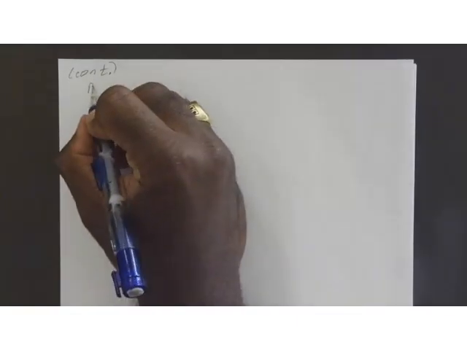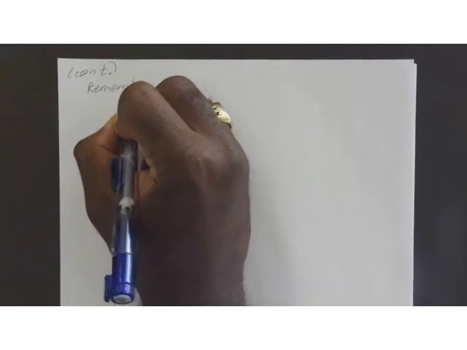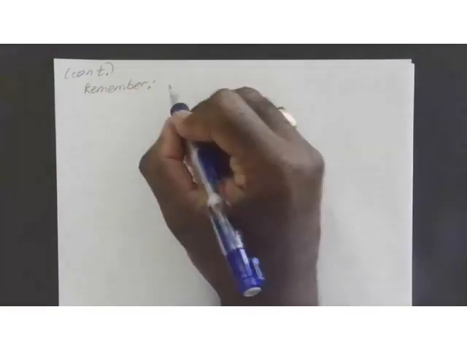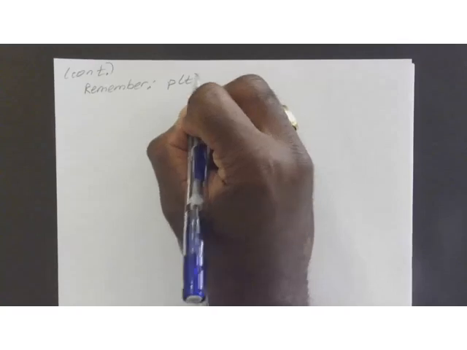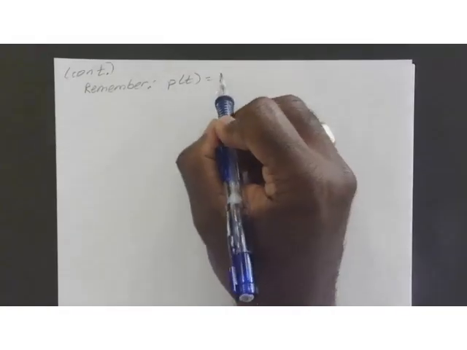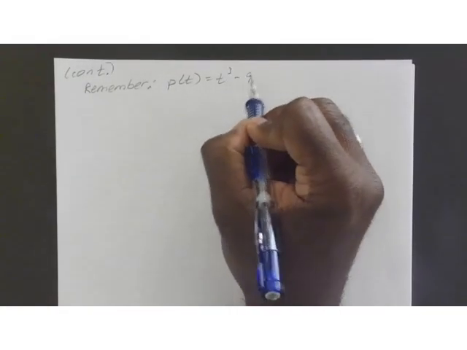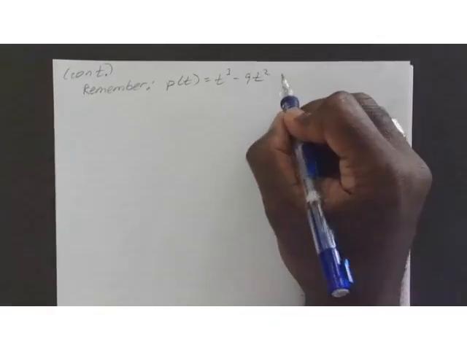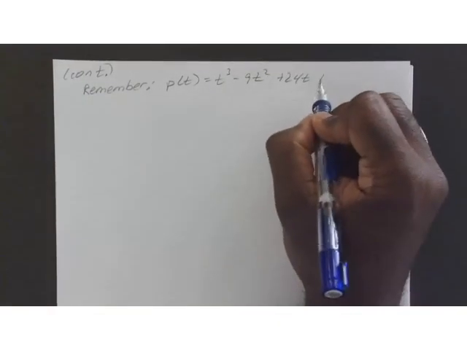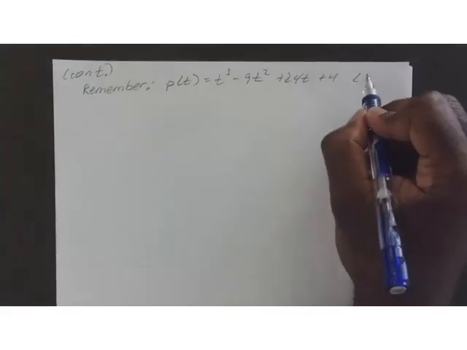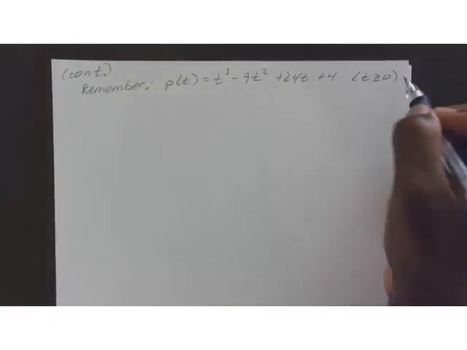Okay, now for D, we want to sketch the particle. Okay, so if you remember, our position function, P of t, is equal to t to the third power minus 9t squared plus 24t plus 4, where t is greater than or equal to 0.